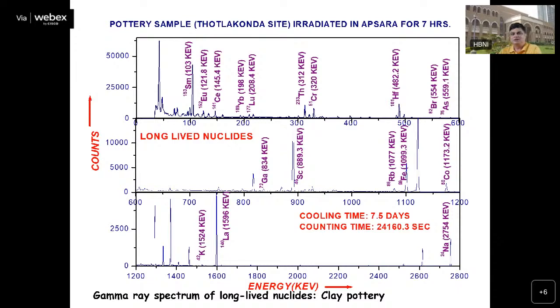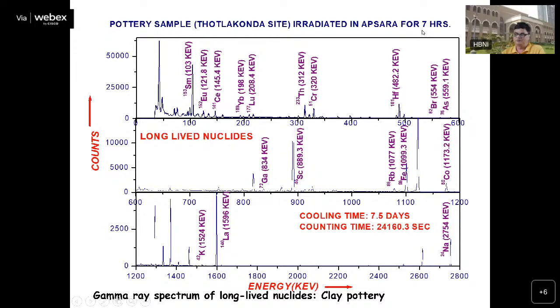This is one example where we used 40 samples, taken I think from the Karnataka regions, and they were irradiated for 7 hours in the Apsara.